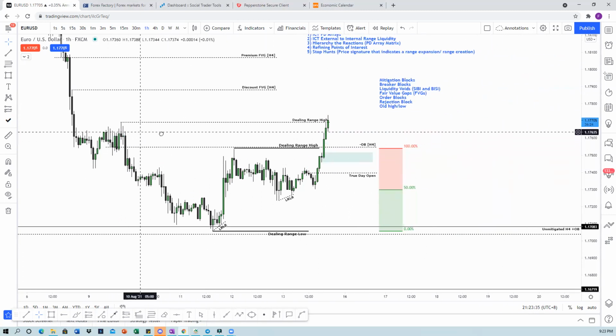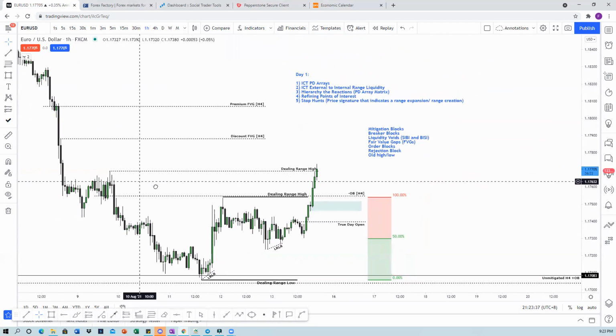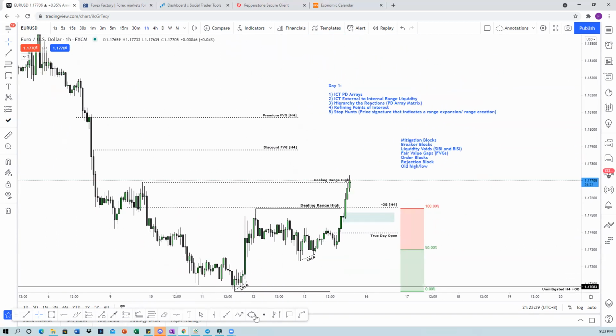Okay, so when we look at liquidity voids, the understanding of a liquidity void is basically telling you that there is a lack of liquidity, obviously, but in terms of what? When we look at a bearish candle, a liquidity void means that there was sell side delivery, but there was no buy side delivery.